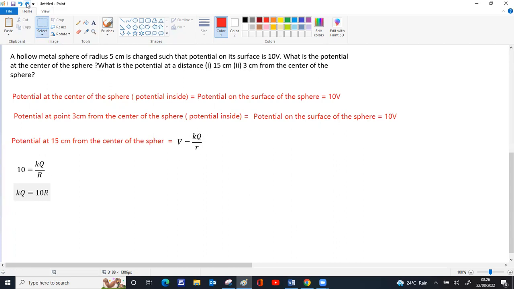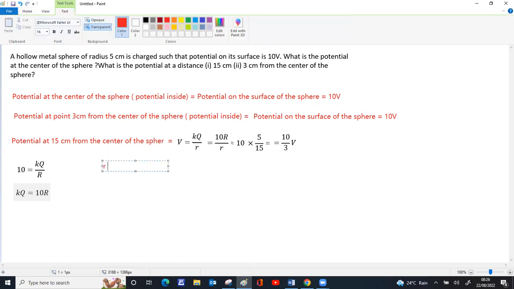So 10 R by small r. Capital R is 5 centimeters, small r is 15 centimeters. So 10 into 5 by 15, 10 by 3 volt. That's the final potential. Small r is given as 15 centimeter, the outside point, and capital R is the radius of the sphere, that is given as 5 centimeter.